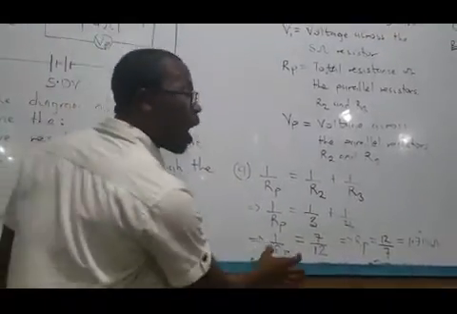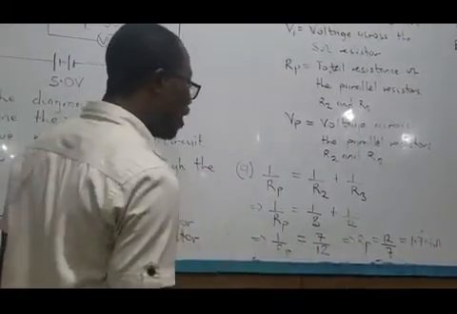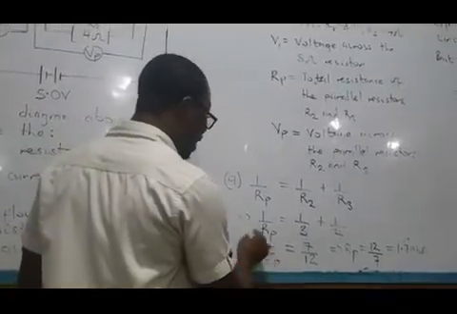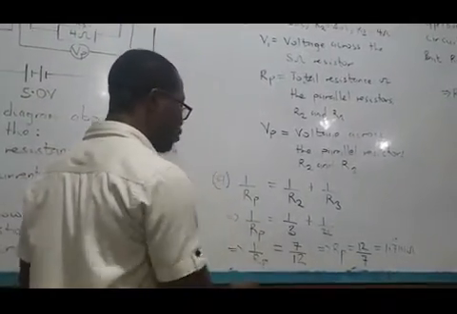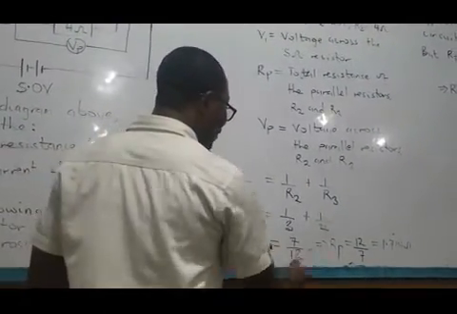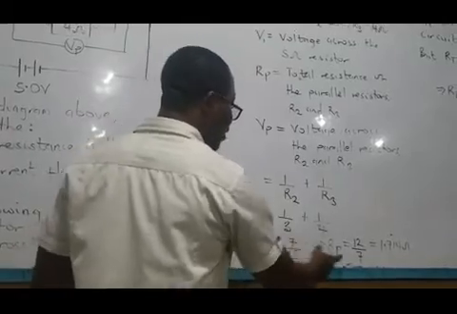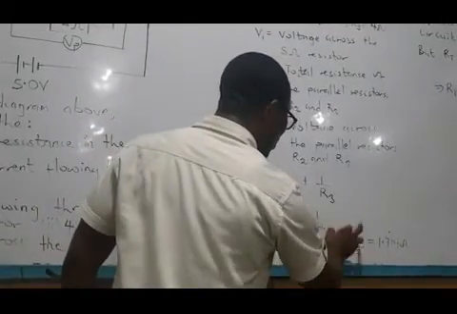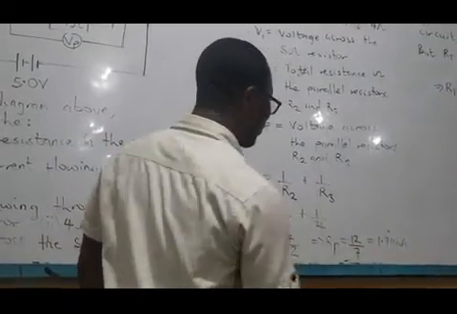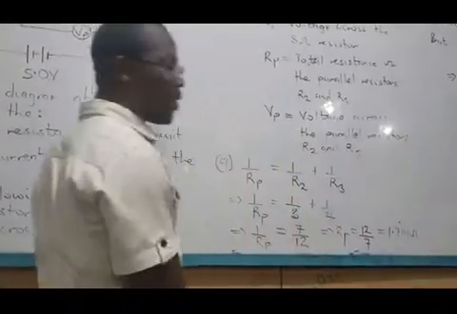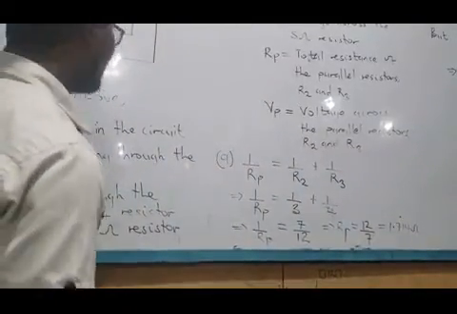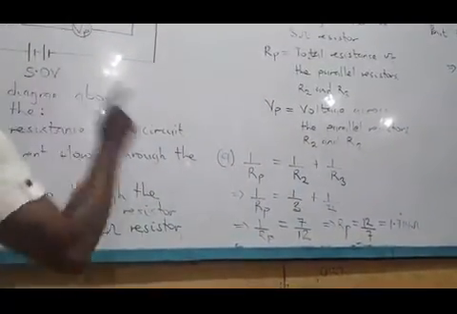But you are looking for RP and not 1 over RP. So when you turn this upside down, you also turn that upside down. So RP over 1 is RP, and then you have 12 over 7. When you punch 12 over 7 on the calculator, that gives you 1.714 ohms. So that is the total for the parallel connection.